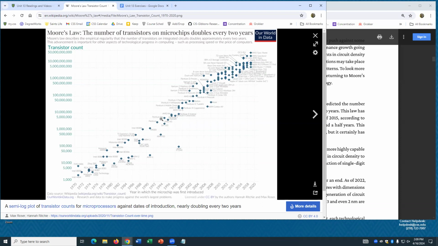This is actually exponential growth, but because we're showing it on an exponential scale, it appears to be a straight line for us. And this starts back in the 70s with early chips and goes to today. And you can kind of see maybe that it's not growing quite as fast and steady in recent years, at least for some of the chips, as it had in the past.